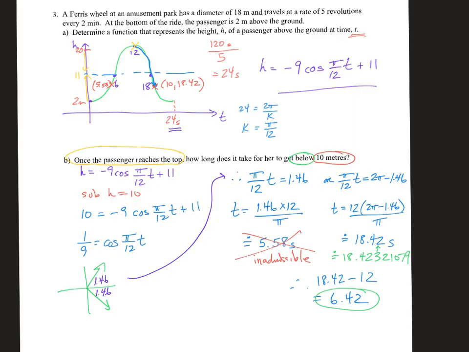I haven't got to that height of 10 meters yet, and so I definitely haven't gone below it. The way that we make this adjustment is to simply ensure that we're going to round accordingly. So if I rounded just a little bit more up, then I will get below 10 meters. Tack on your units, and you are good.